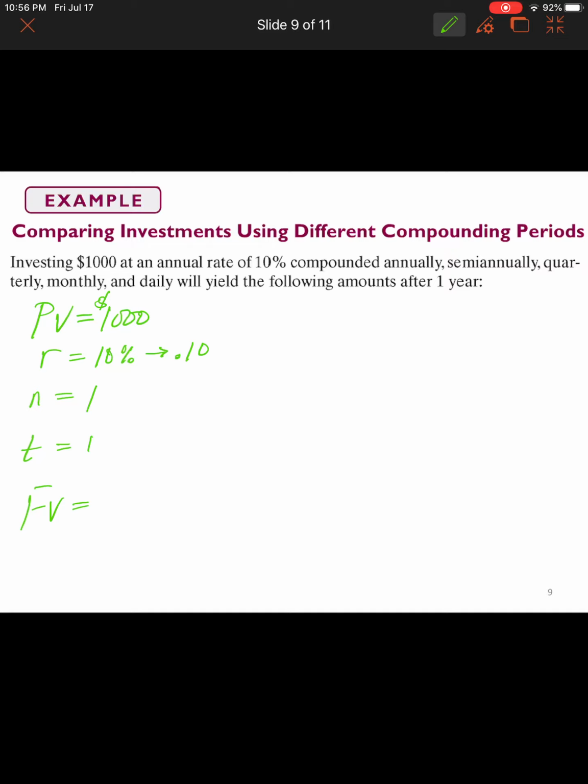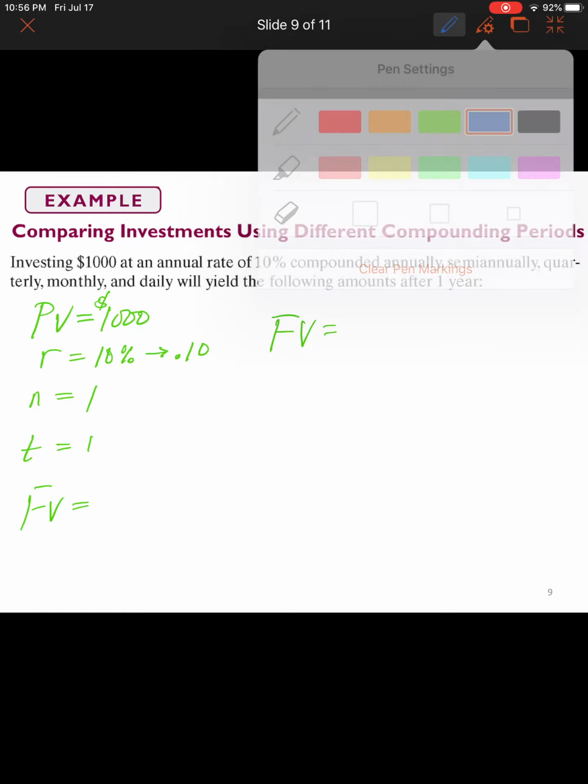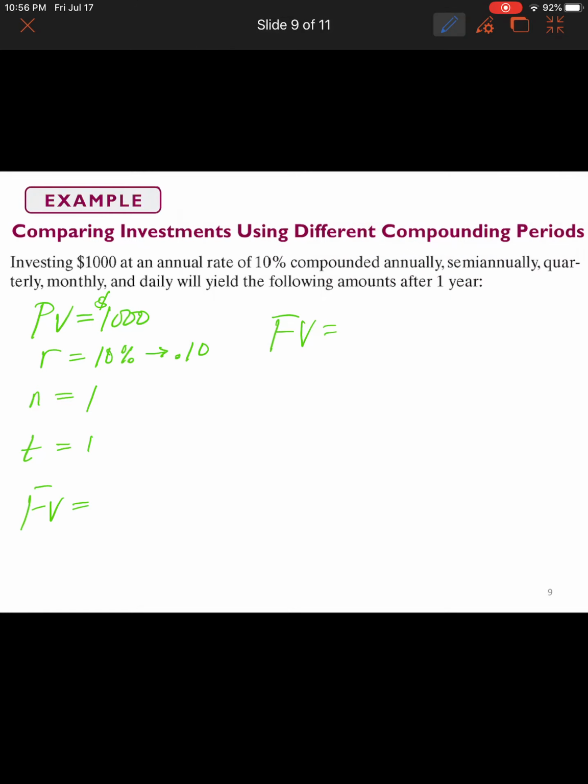And we can see that when we set up the formula, future value equals. Now, this is how it will be entered into the calculator.